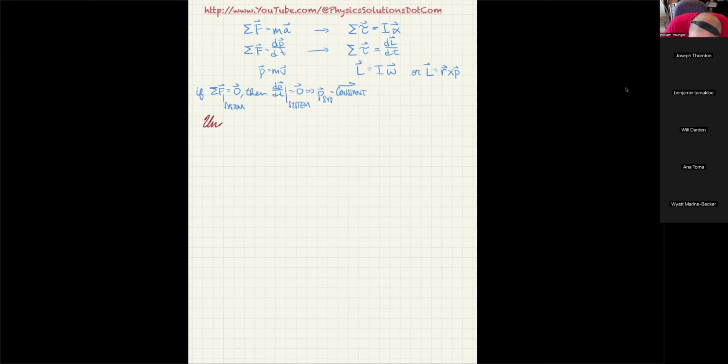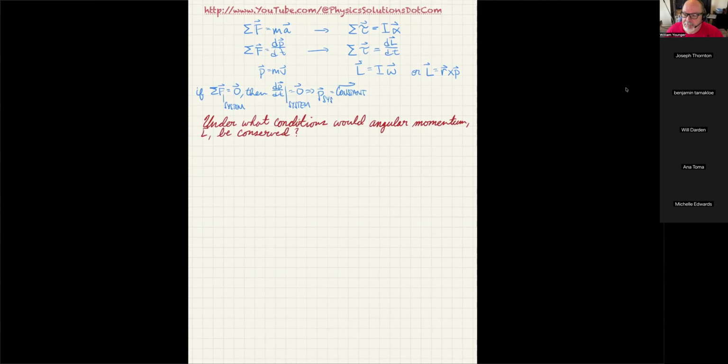Under what conditions would angular momentum, L, be conserved? Anybody have an answer to that? Feel free to type it in the chat or just say it out loud, in other words.